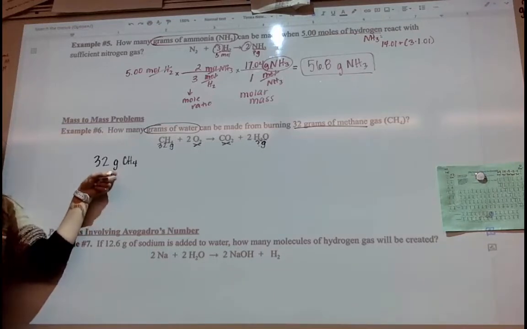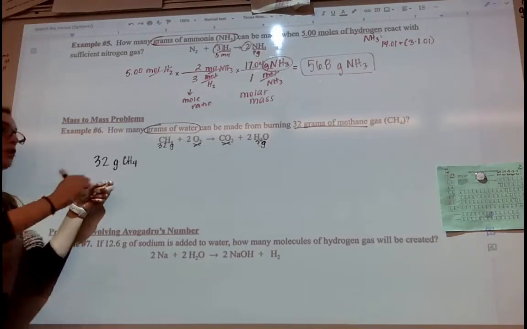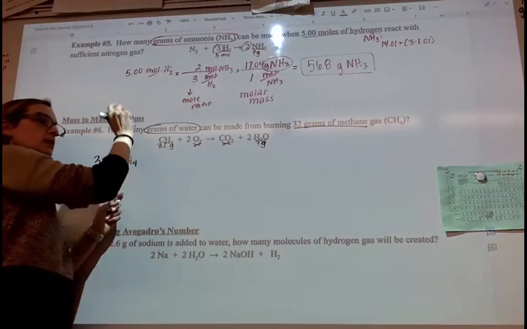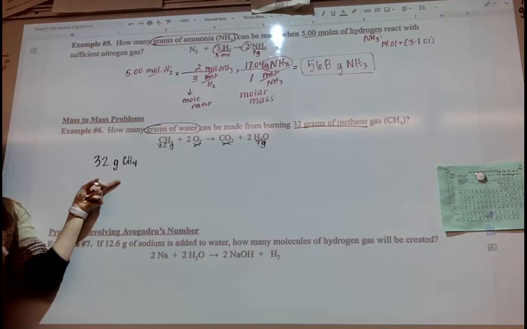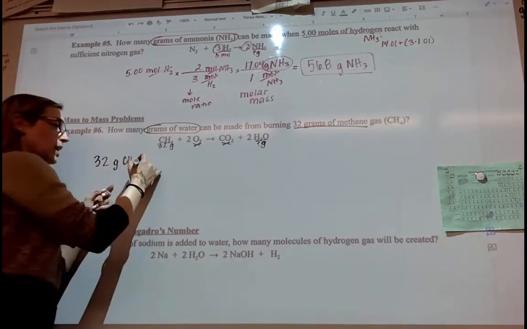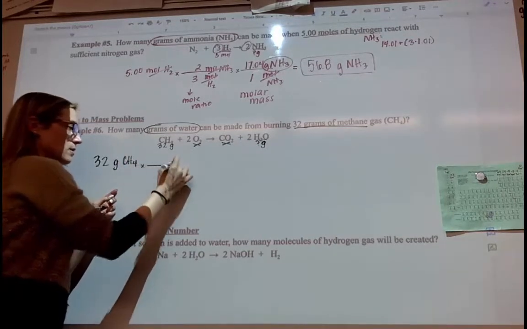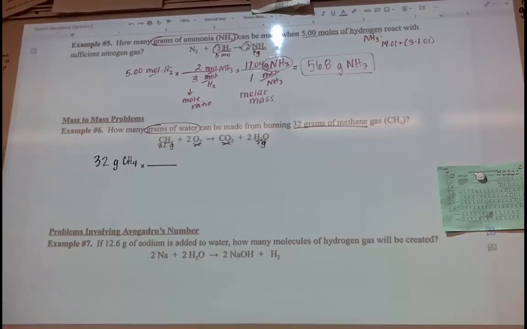Is this in moles? No. So we have a balanced equation, right? Step 1, check. Step 2, write your given, make sure it's in moles. It's not in moles. So that's what we need to do first. Put your given information in moles. And if you say, what's the use of putting it in moles if we're going from grams to grams?